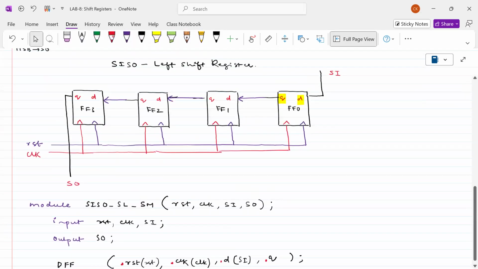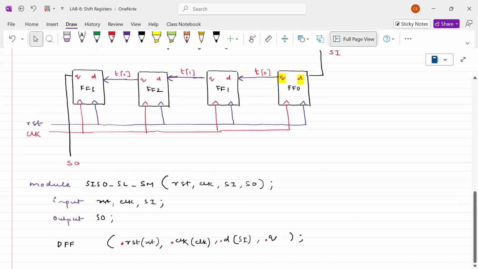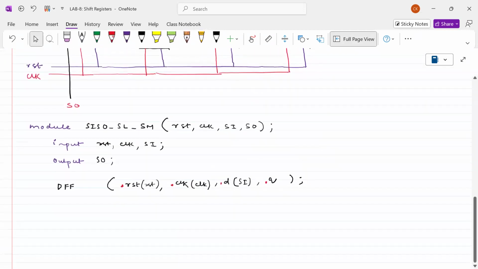Next, the Q of the D flip-flop is connected to whom? I have not used any data here. Let me call this Q naught, for example. Some other name we will take instead of this: T of 0. Let me consider this is T of 1, and this is called T of 2. That means they are wires internal to the circuit, right?